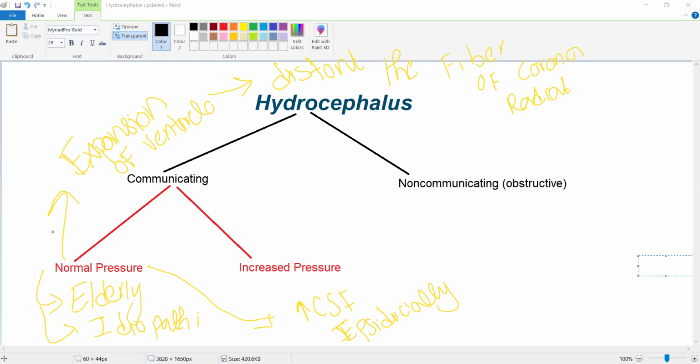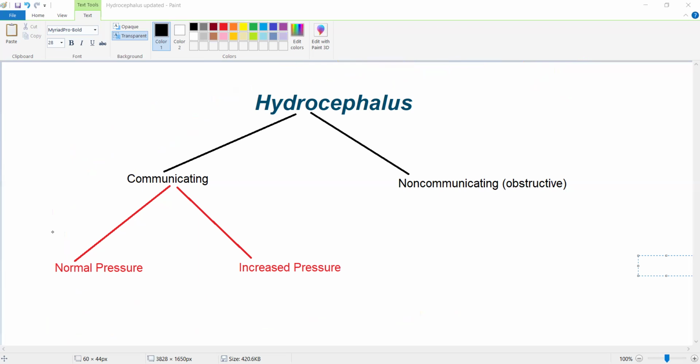Now moving toward increased pressure communicating hydrocephalus. The most high-yield cause is meningitis, post-meningitis.